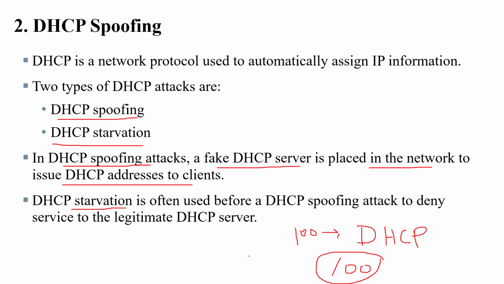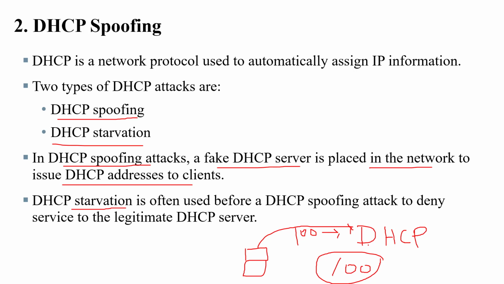If a new machine wants an IP address, a starvation is automatically created, and the DHCP server will say we don't have enough IP addresses. So artificially, the attacker creates a starvation in the DHCP machines in a network. This is about DHCP starvation.